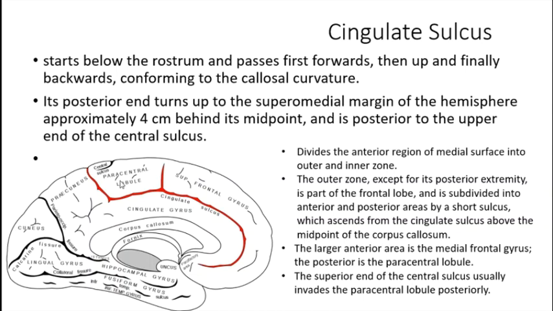So the superior end of the sulcus usually invades the paracentral lobule posteriorly. So this is the cingulate sulcus extending into the territory of parietal lobe as well.